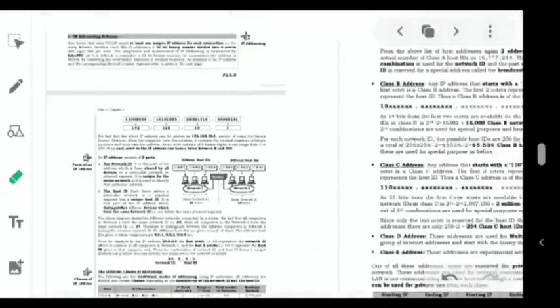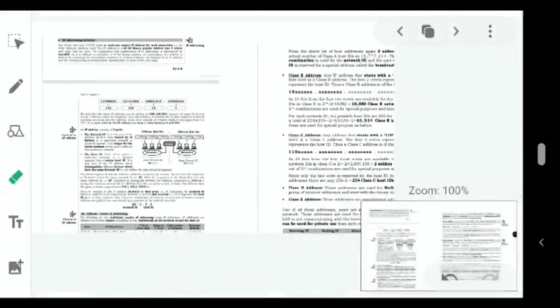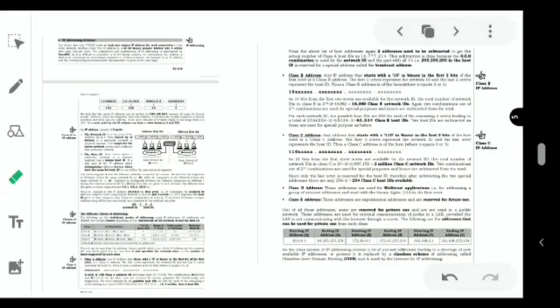Depending upon this classification, we have classified IP addresses into different classes. The first class is class A. We differentiate depending upon the number of network ID bits and the number of host ID bits.